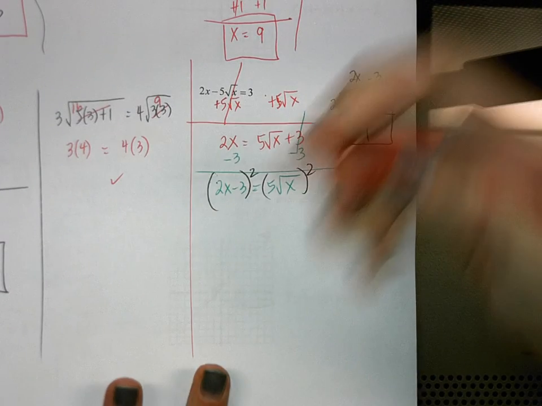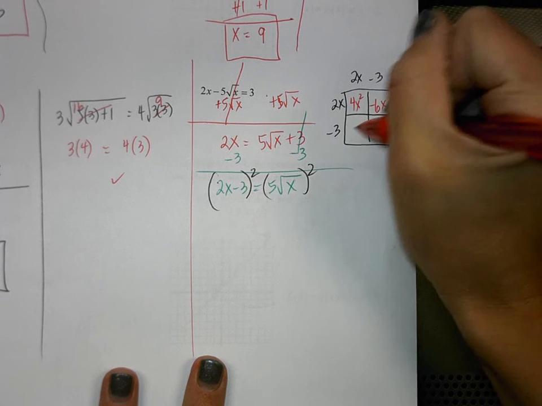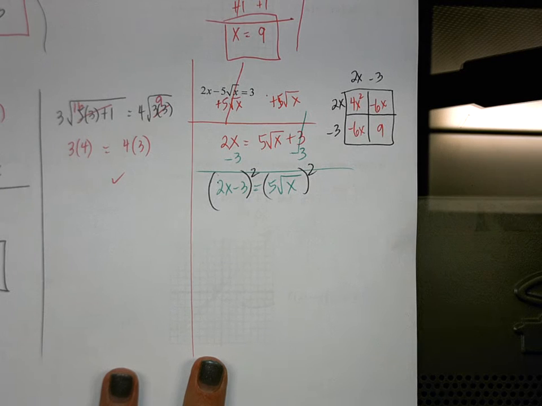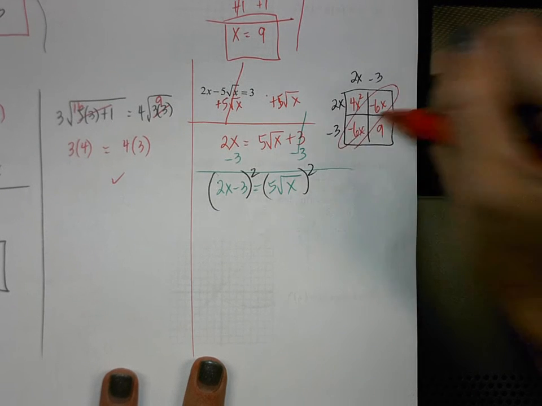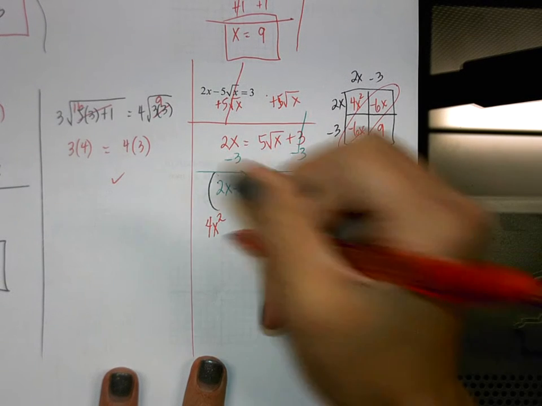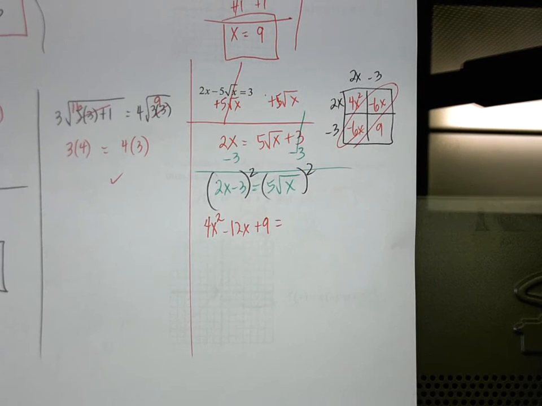And so I get 4x squared minus 6x minus 6x and a positive 9. And this is like terms, right? And so we end up with 4x squared minus 12x plus 9 equals what?